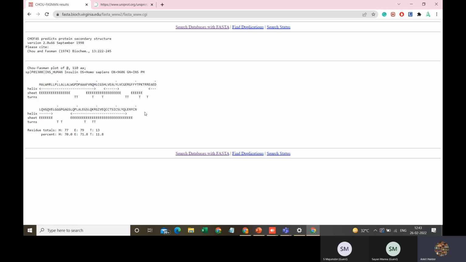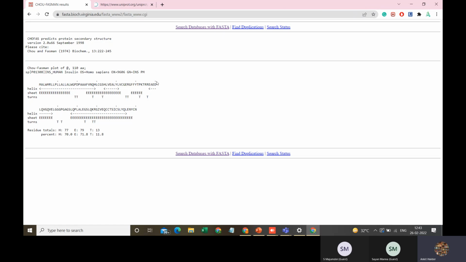Here we could not see any helix; it is all sheet. In this region it is turns, then again helix, and some part can be turns, and then helix. This way it has predicted in this sheet. So there has been no helical structure found here.